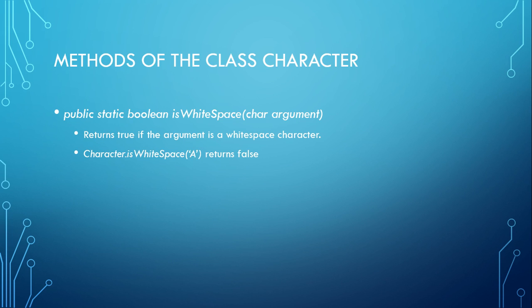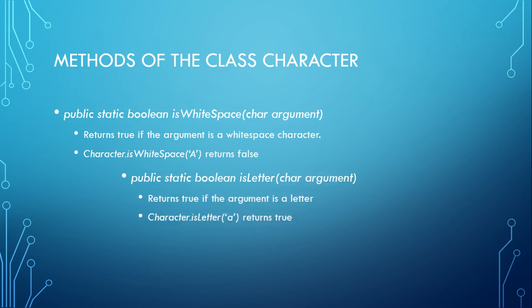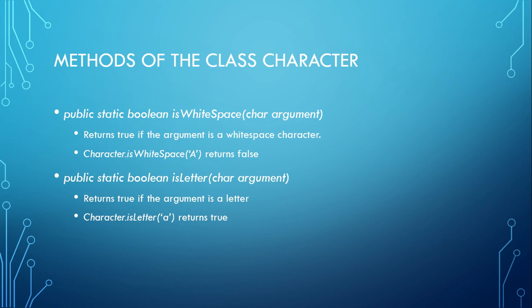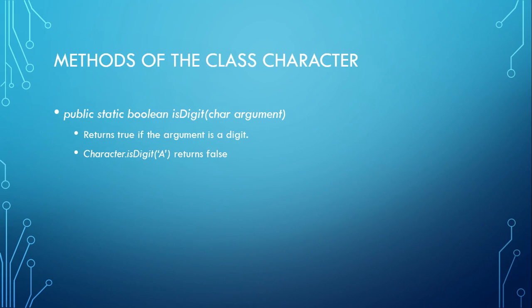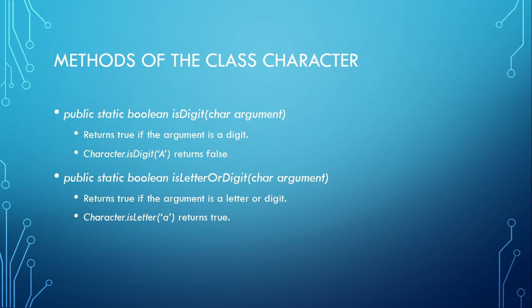If it is not a whitespace character, such as Character.isWhitespace('A'), it returns false. Public static boolean isLetter will obviously just return true if it's a letter. Similarly, isDigit returns true if it's a digit. Public static boolean isLetterOrDigit will return true if it's a letter or digit. So pretty much if it is not a whitespace character or a special character or anything like that.